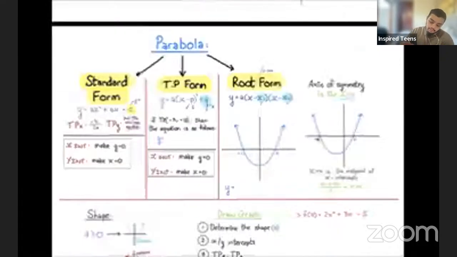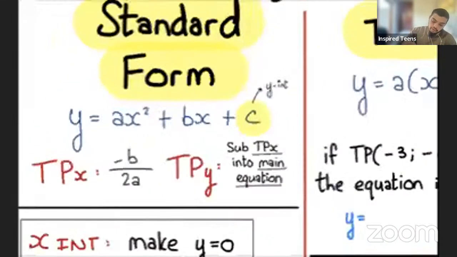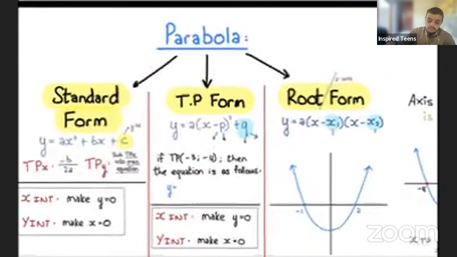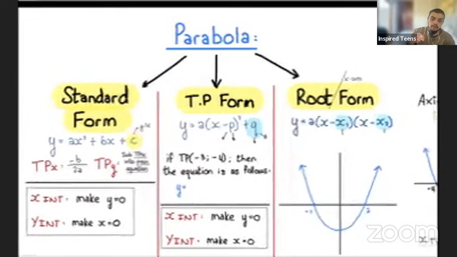Okay, let's move on to parabola. Parabola comes in 3 forms: standard, turning point form, and root form.